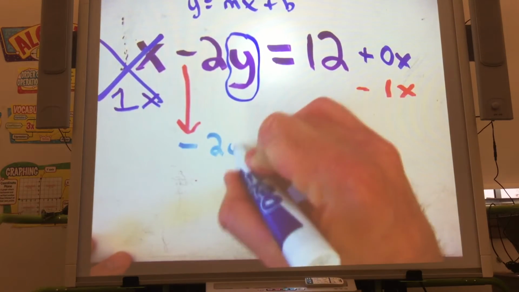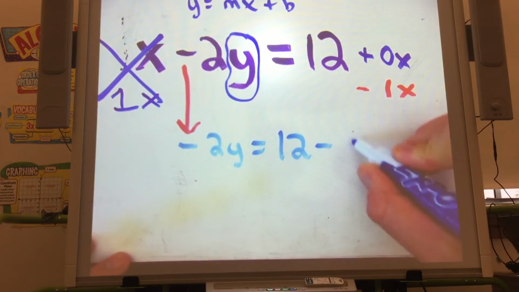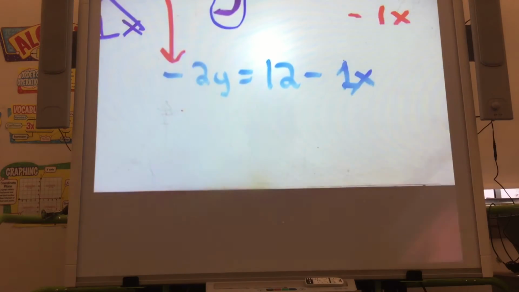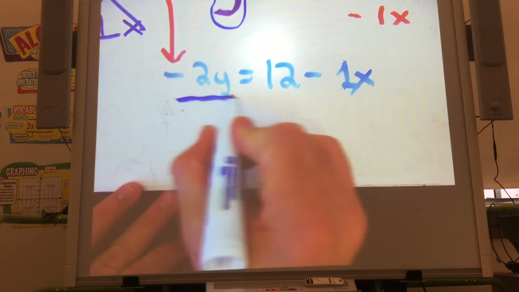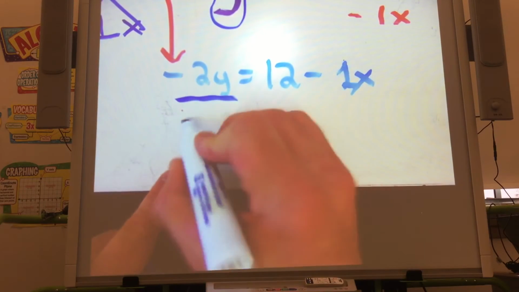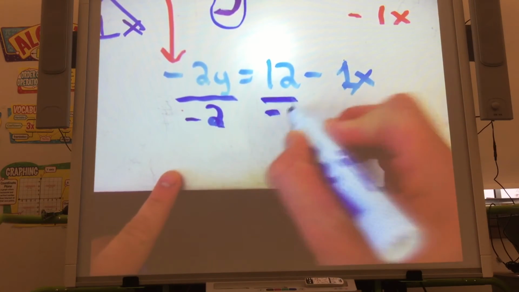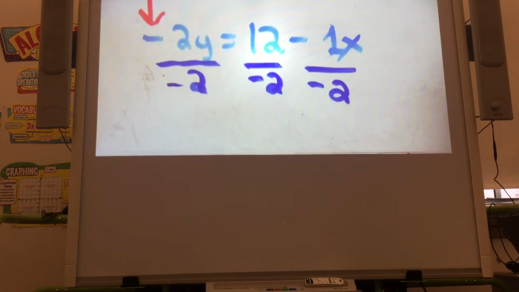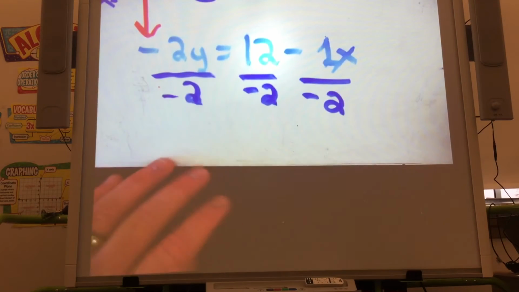Now we have negative 2y is equal to 12 minus 1x. At this point, we're going to identify the coefficient, which is negative 2, of the y. There's a coefficient here as well, but we want to get y by itself, so we identify the coefficient and divide by negative 2 to all of the terms. You might say, Mr. Small, wait, I thought I couldn't combine unlike terms.